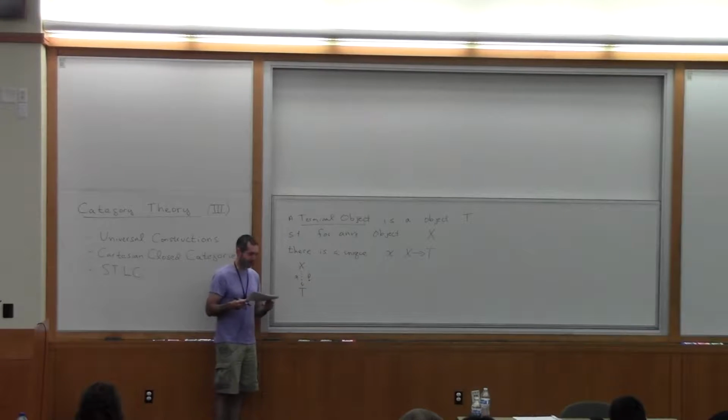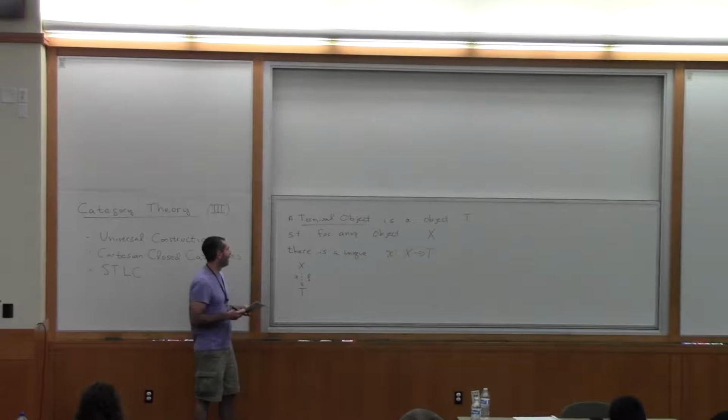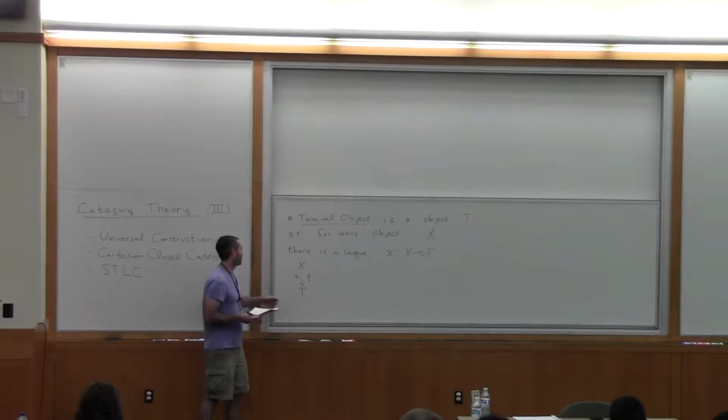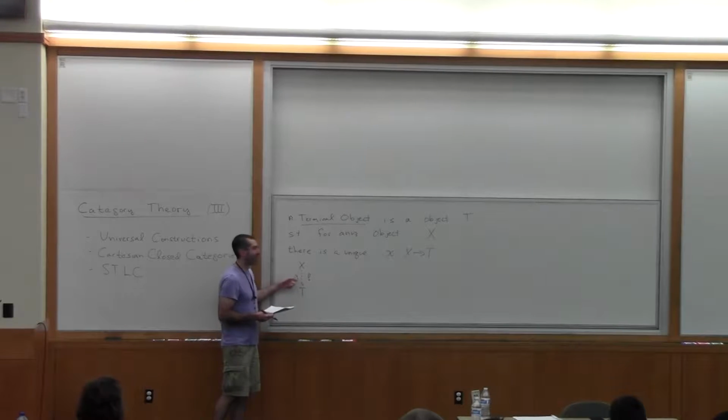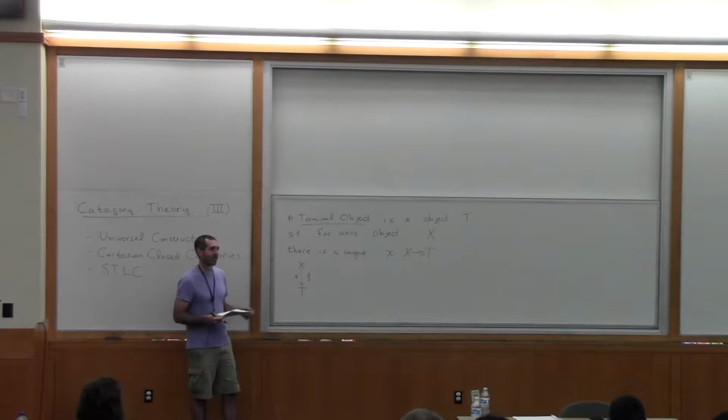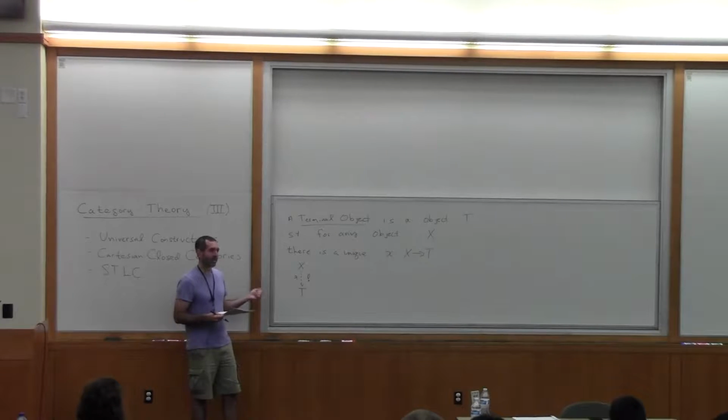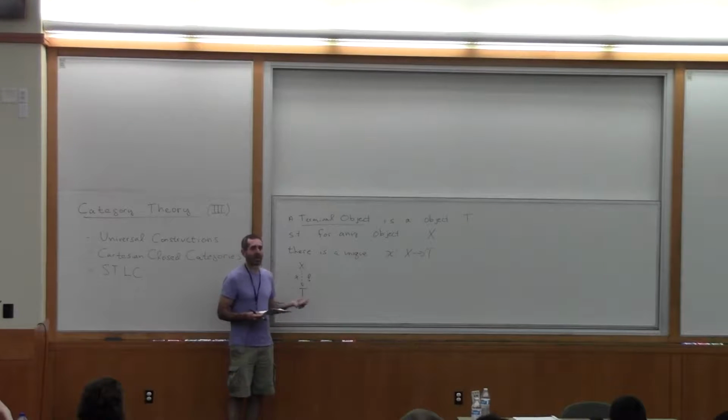I'm not sure what other people say when they speak this out loud. Okay? But this is the property. And remember, when I was using the dotted arrow, I was asserting that something exists, and usually uniquely, but I'll use words to clarify that. Okay? So do you see how this is just taking the characterization of a singleton set that we just gave and generalizing it to an arbitrary category.